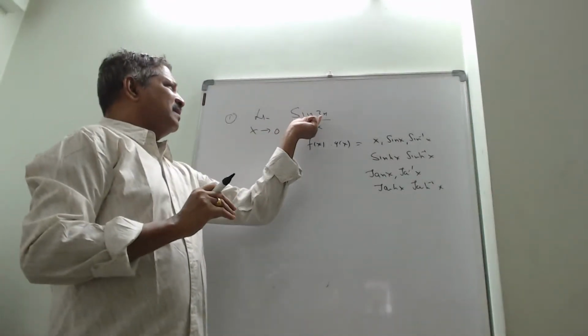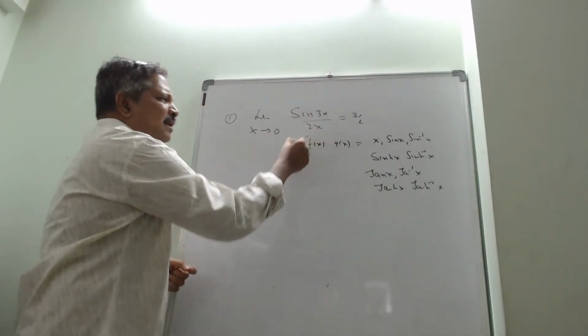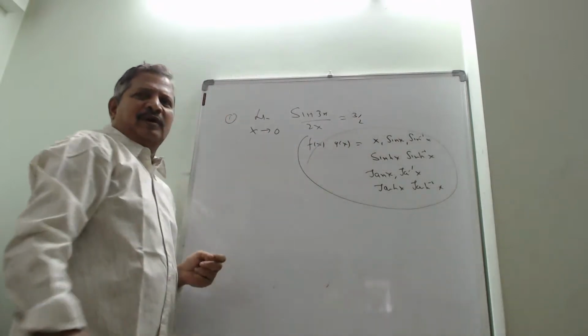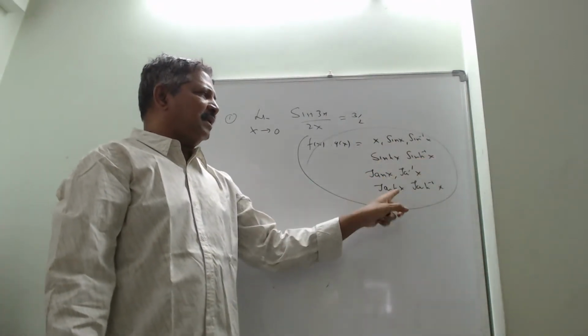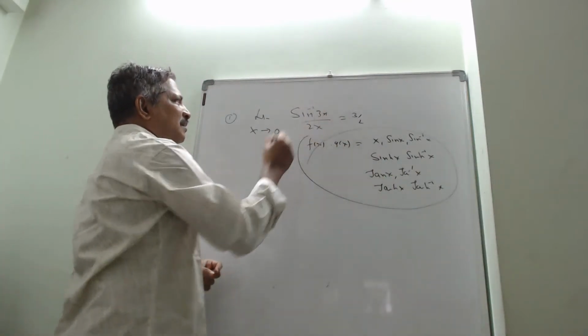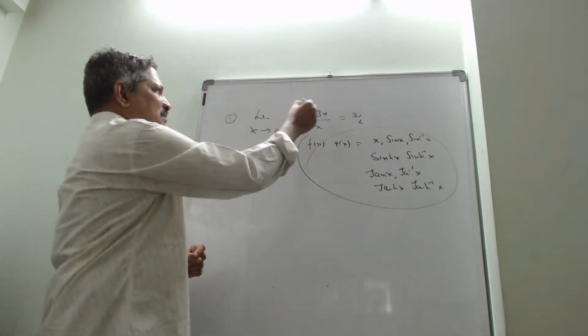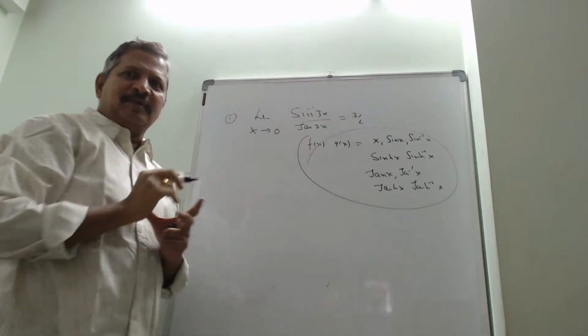Sin 3x by 2x is nothing but 3 by 2. Not only this, any of these categories of the formulas: sin, sin inverse, sin hx, sin h inverse, tan x, tan inverse, tan hx, tan h inverse. Any term is there, it will be the same as the sin x by x formula. If it is inverse, same. If it is tan 2x, there is no change. It is 3 by 2 only.